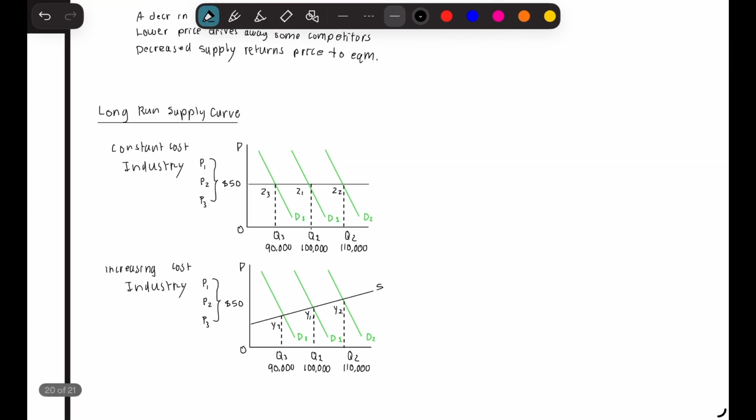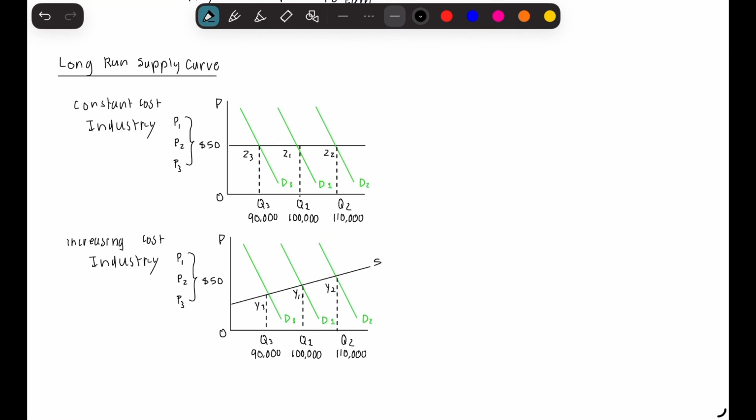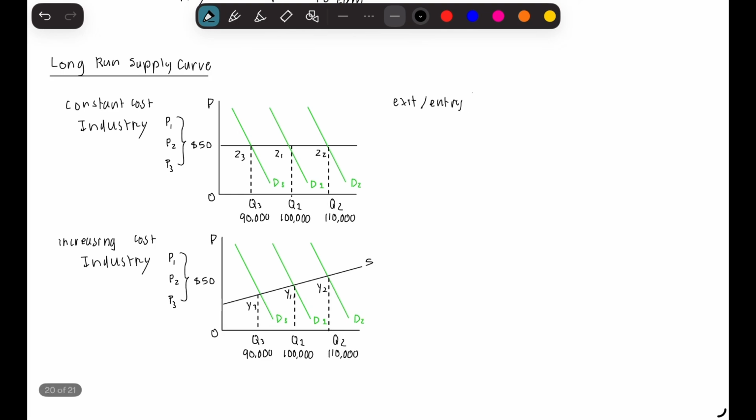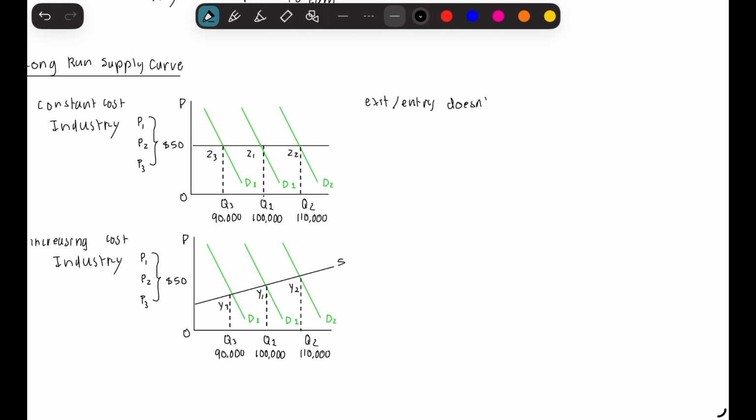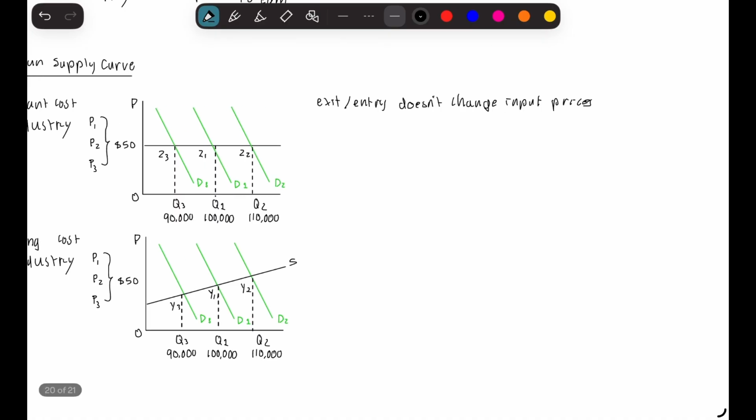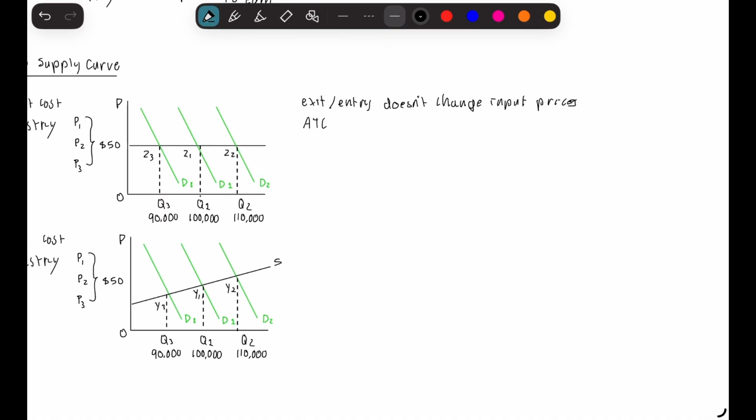Now let's move on to long run supply curve. In your constant cost industry, your exit and entry doesn't change your input prices. Your ATC stays the same.